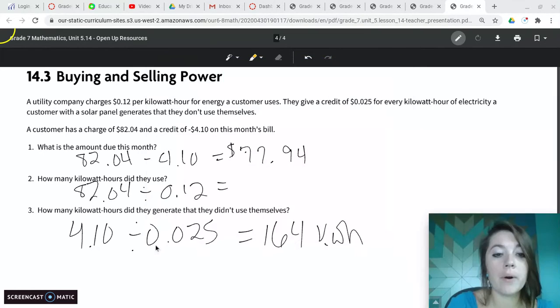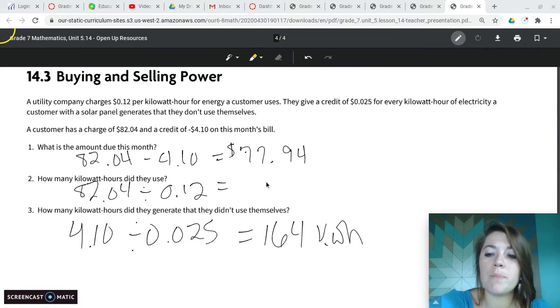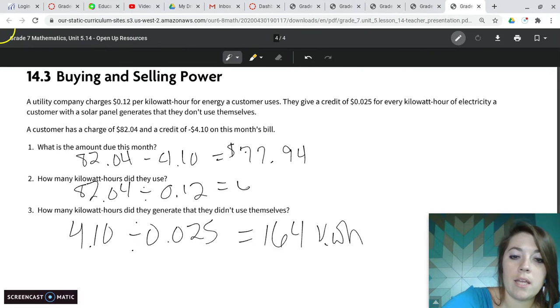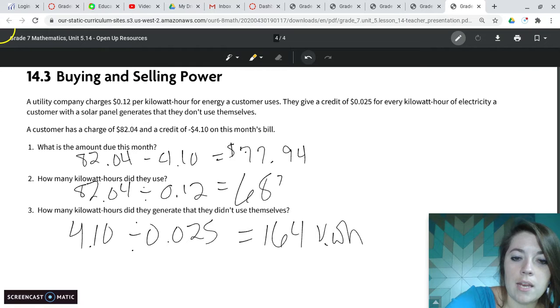So where I left off was saying how taking the 82 and 4/10 and dividing it by the 1200ths of a dollar, when we divide that, it's going to be this big long decimal. It's 683.6 repeating.